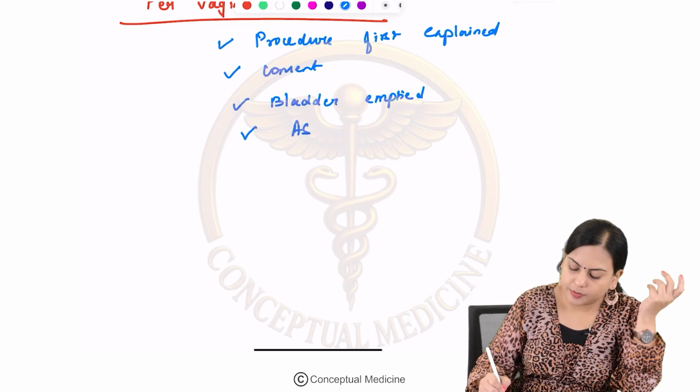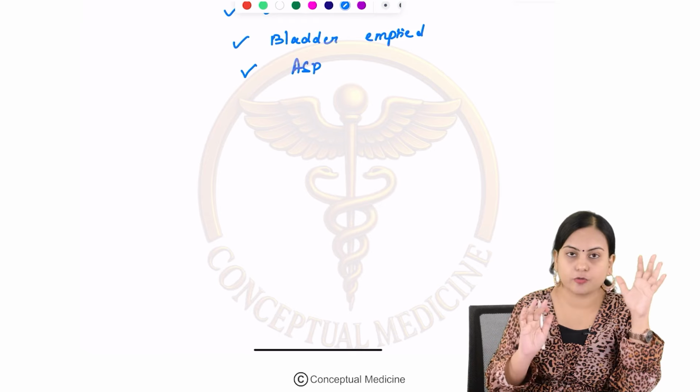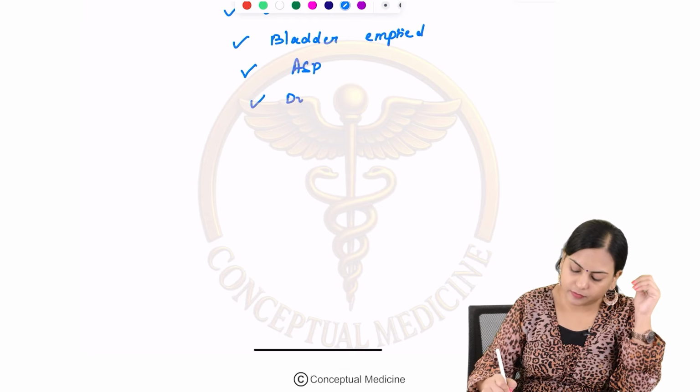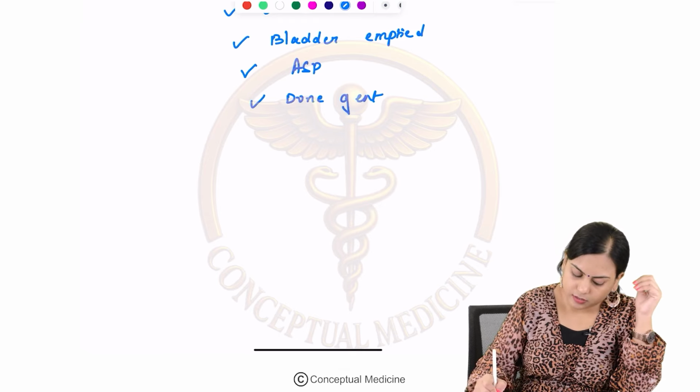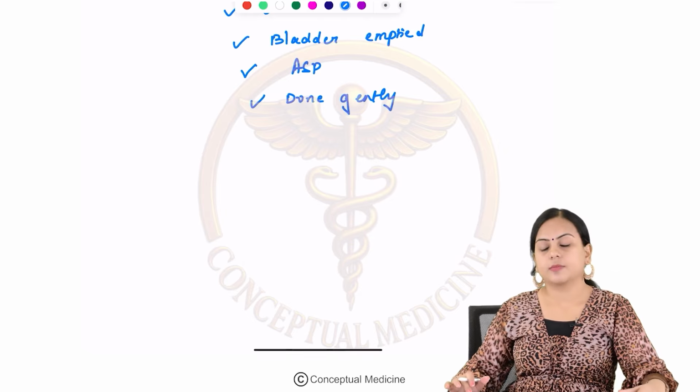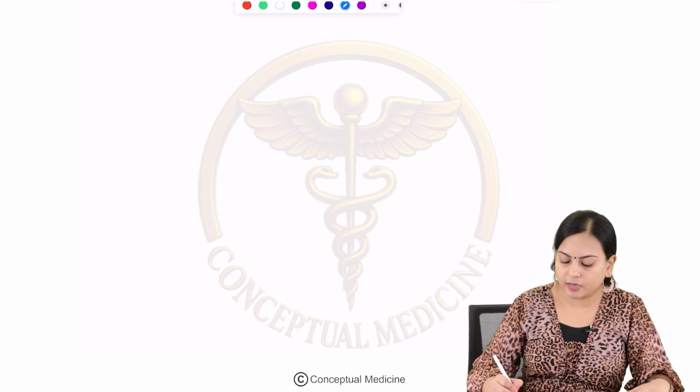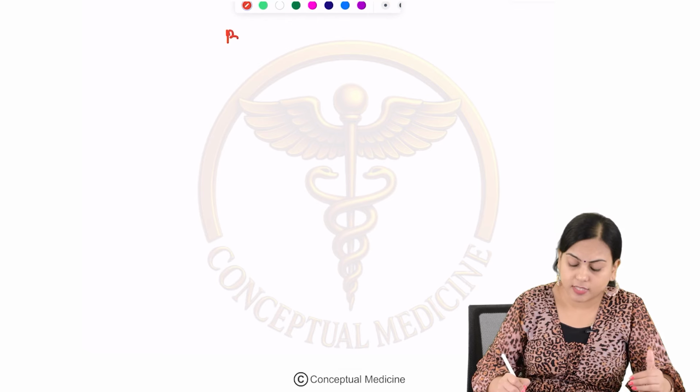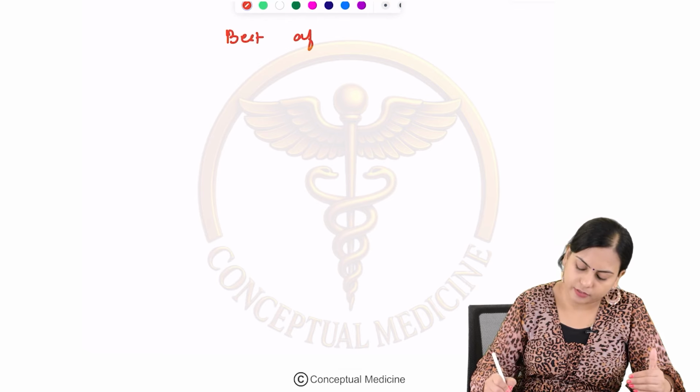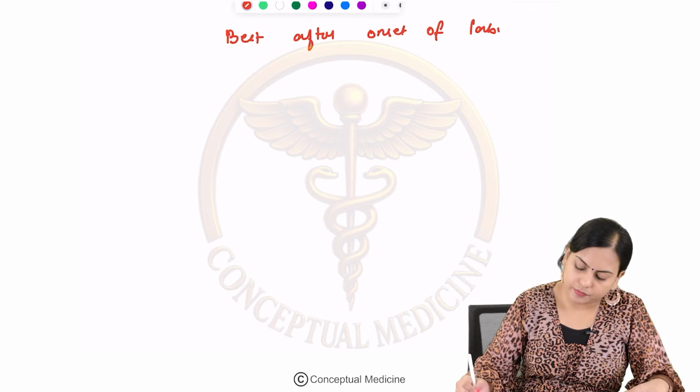Then aseptic precautions should be taken and it should be done gently. Usually, CPD assessment is best done after onset of labor.